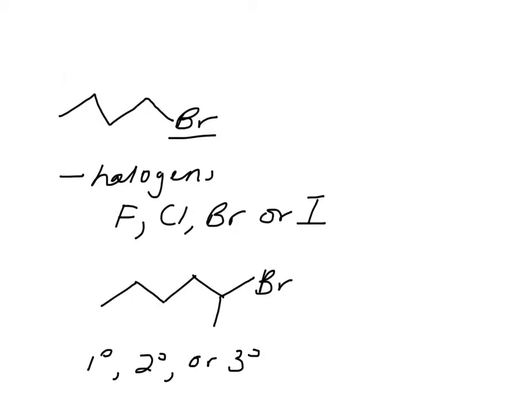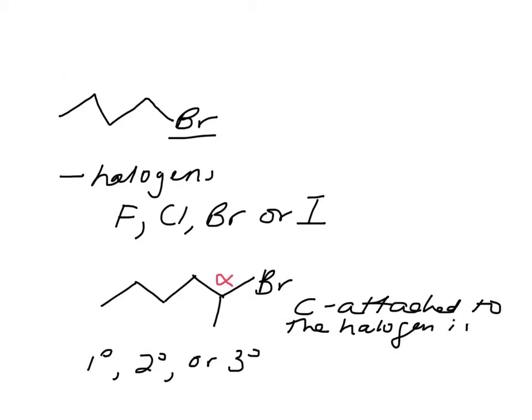Now, if we were to look at an alkyl halide, the carbon attached to the halogen is the alpha carbon.